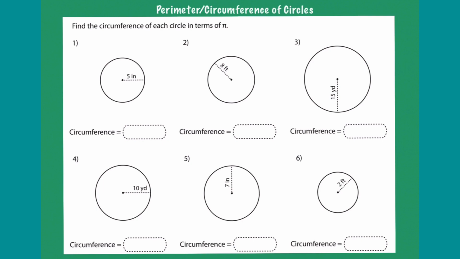So how do we actually find the perimeter of the circle or the circumference of the circle, as we say? We always find it in reference to pi. What is pi over here?